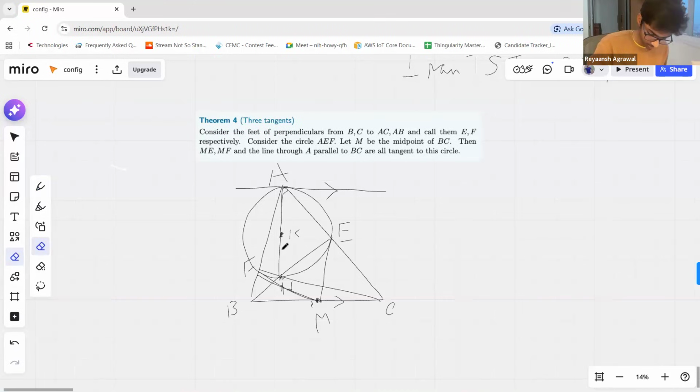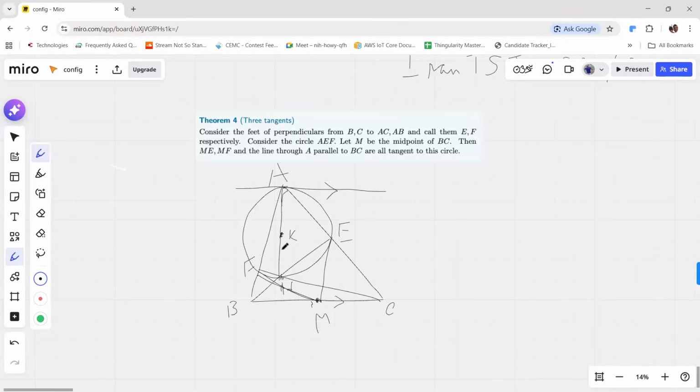That proves the line through A parallel to BC is tangent. Yes, exactly. Because AH is perpendicular to BC, we can see that the angle made by the tangent through A and AH is going to be 90 degrees because AFH is already 90 degrees.